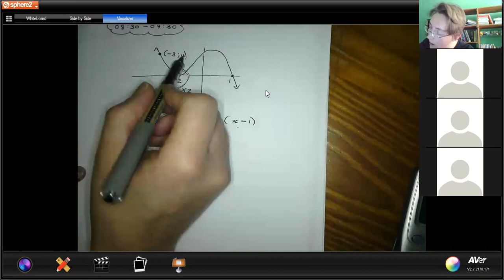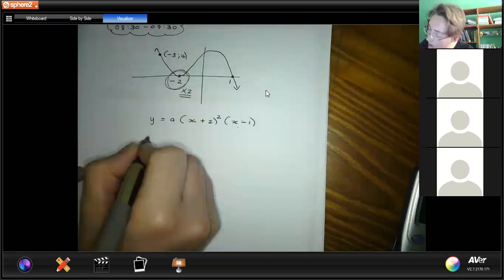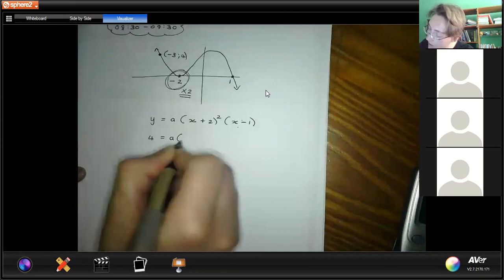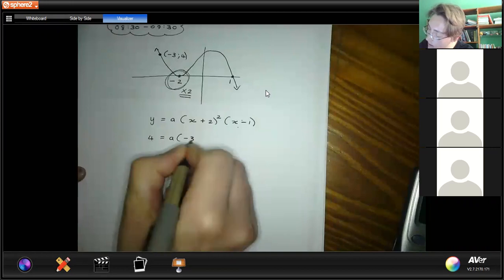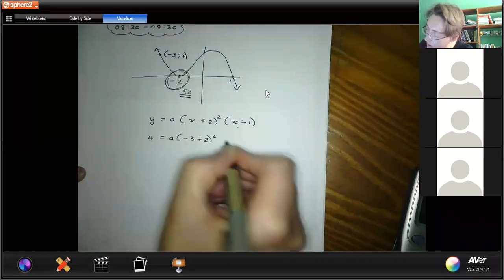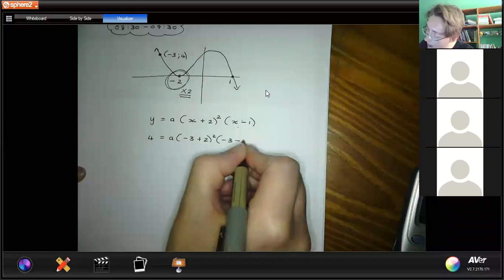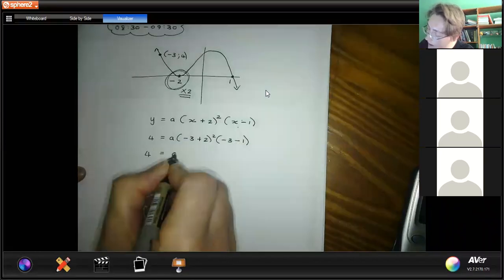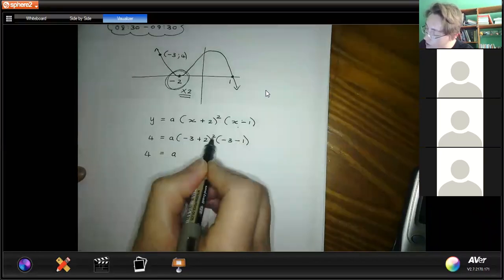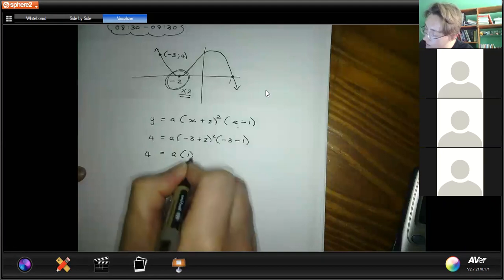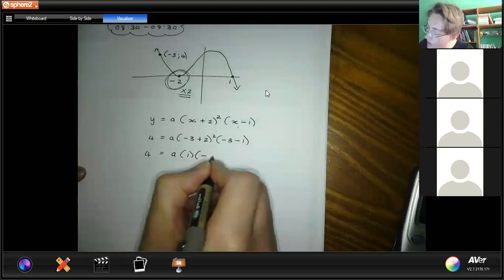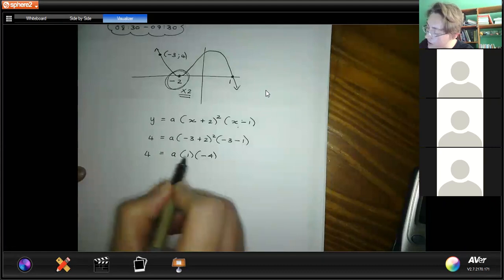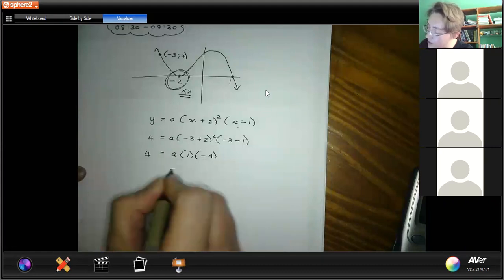So I'm going to say y is equal to 4 if x is equal to -3. So this is then going to be -1 squared, which is then going to be +1. And this one's going to be -4. So a is being multiplied by -4. So if I divide both sides by -4, a is equal to -1.